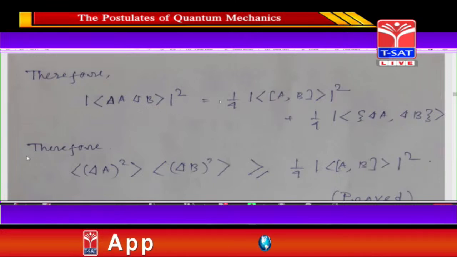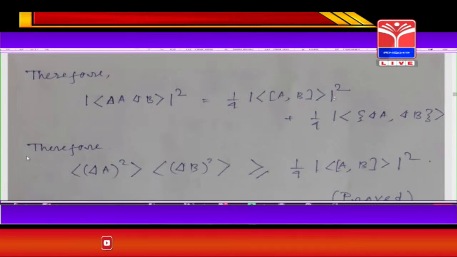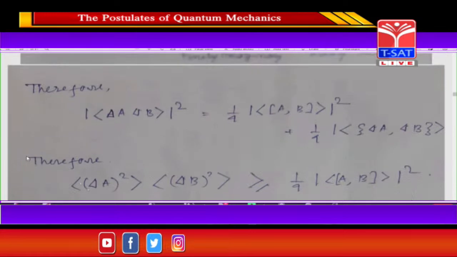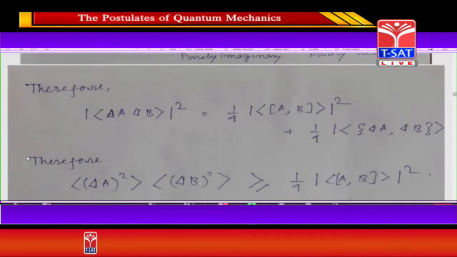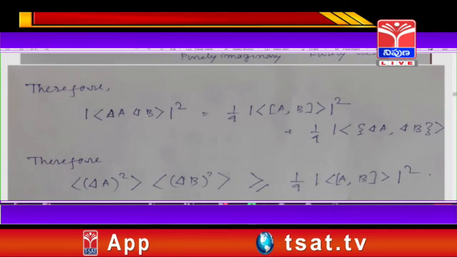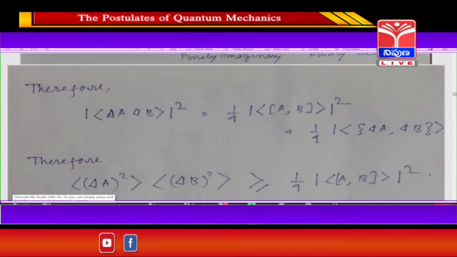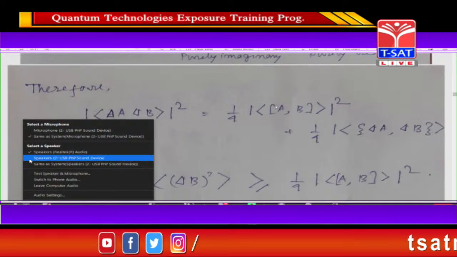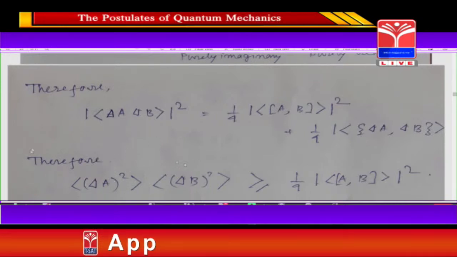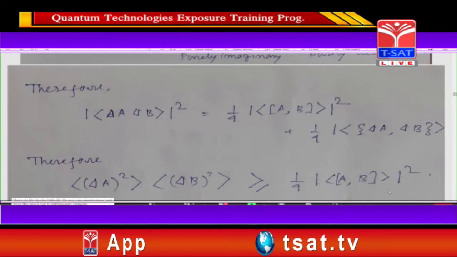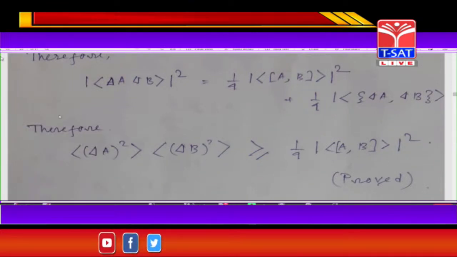So the left hand side is greater than or equal to one fourth of the mod square of the commutator of A and B. So by the Schwarz inequality, ⟨ΔA²⟩⟨ΔB²⟩ is greater than the mod square of the average of ΔA ΔB, which is in turn greater than one fourth of the mod square of the commutator, the Heisenberg's uncertainty relation.